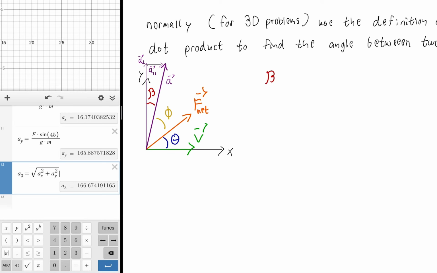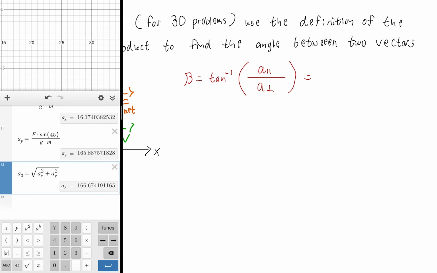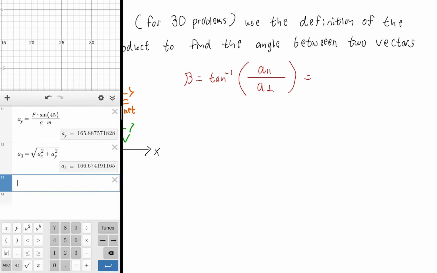Beta is just equal to the inverse tangent of the 2 components of acceleration. We can tell which one's opposite and which one's parallel by looking at where we define beta. One is parallel, and the other one is perpendicular. So we can easily do that over here.